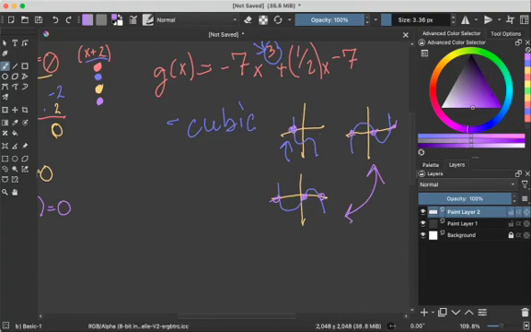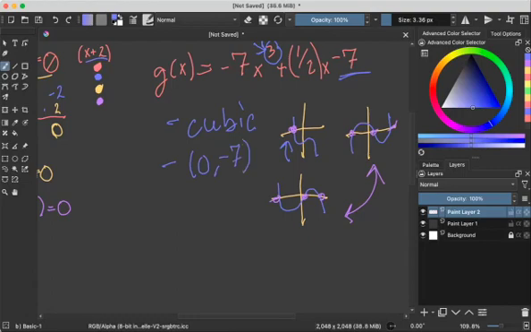Alright. So we also need to look at the leading coefficient. So over here, our leading coefficient for this equation is negative 7. And that is a point of contact on the y-axis.